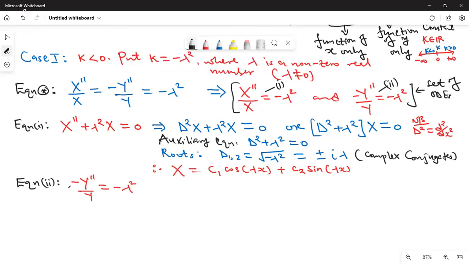And you see the negative will cancel with this other negative, so that this equation can now be written as y double prime minus lambda squared y equals 0. Or in terms of the D operator, it will be D squared minus lambda squared operating on y to give us 0.